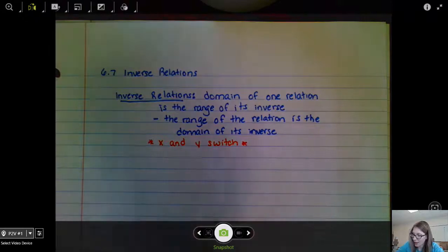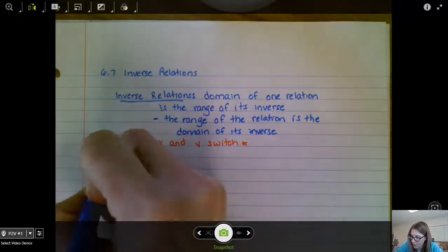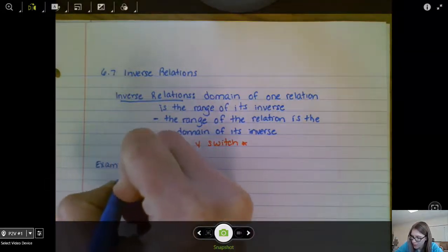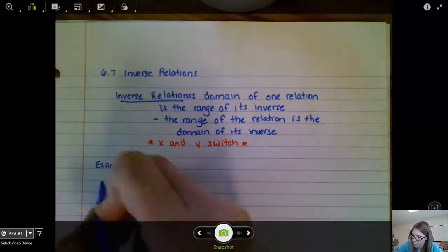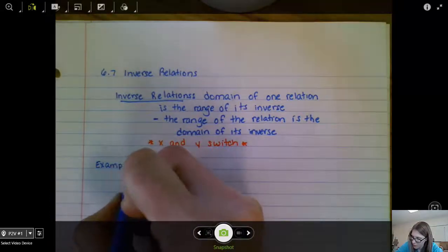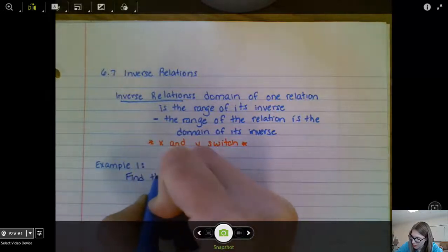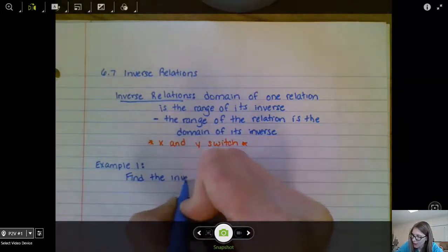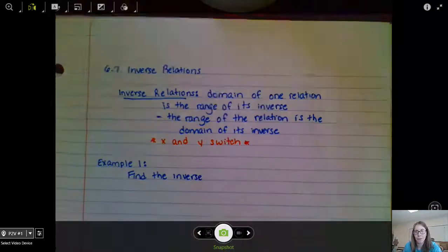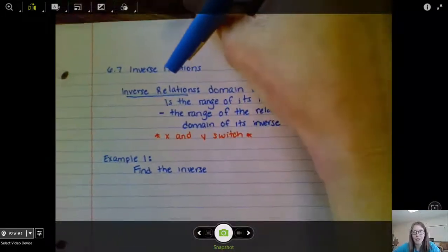Now, looking at an example here, example 1. We're going to find the inverse of a relation that is given to us.